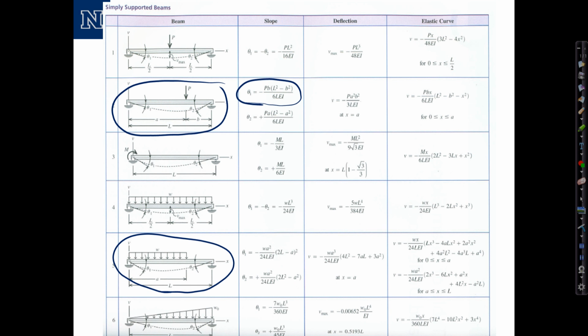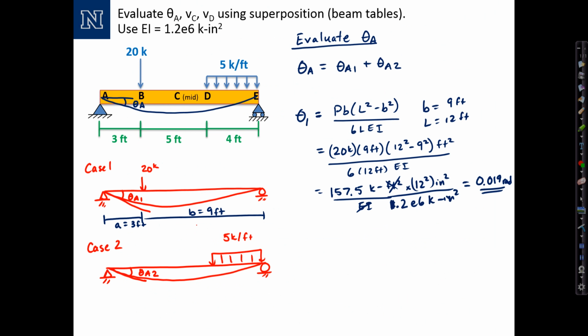So what we're actually going to do is flip it and use this equation for theta 2 and call A the distance from the right side of the beam to the end of the load. So let's go ahead and do that. Call this distance right here A, which would be 4 feet.